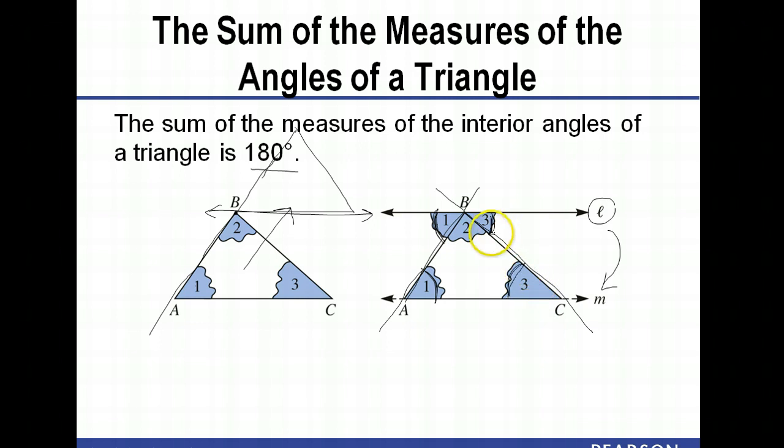That's why that's labeled 3. And angle 2 remains the same. Because angles 1, 2, and 3 when added together make a straight angle, that means angle 1 plus angle 2 plus angle 3 equals 180 degrees. And then we've proven that angle 1 plus angle 2 plus angle 3 will equal 180 degrees when added together.